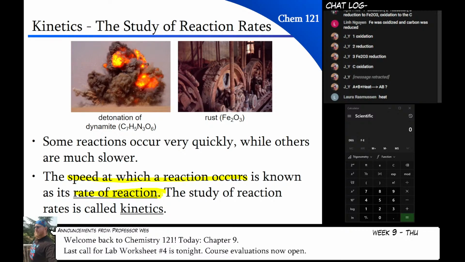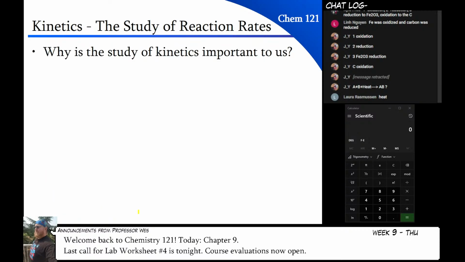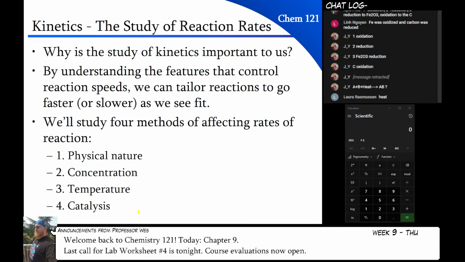So we're going to examine different factors that will affect how fast a reaction can occur. And this is called kinetics. Kinetics is the study of how fast reactions can occur and how they can be controlled. We're going to look at 4 different ways to study kinetics in terms of things that we could do to tailor the reaction rate to whatever it is that we need it to do.